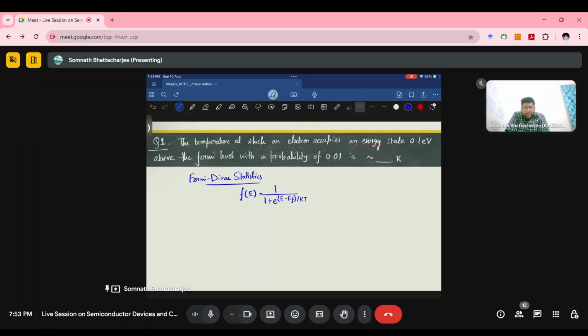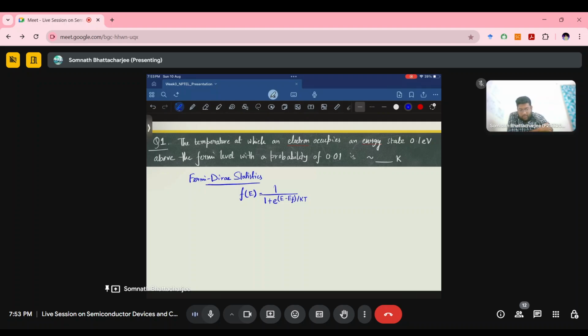We have the difference between E and EF, that is, the energy state is 0.1 eV above the Fermi level. We have the probability, that is 0.01. So we just have to find the value of temperature.